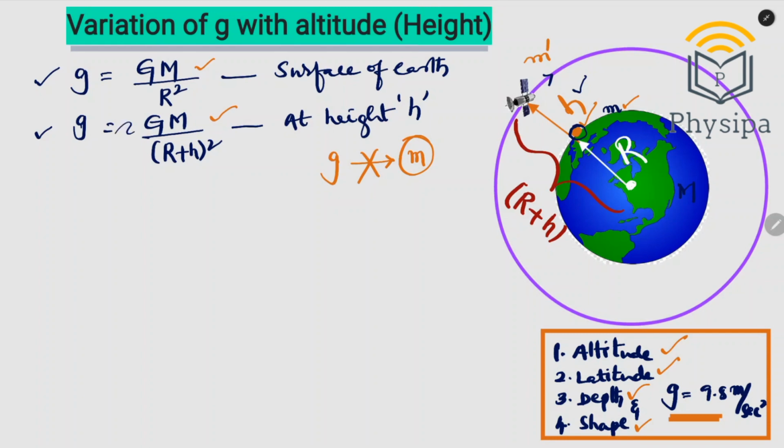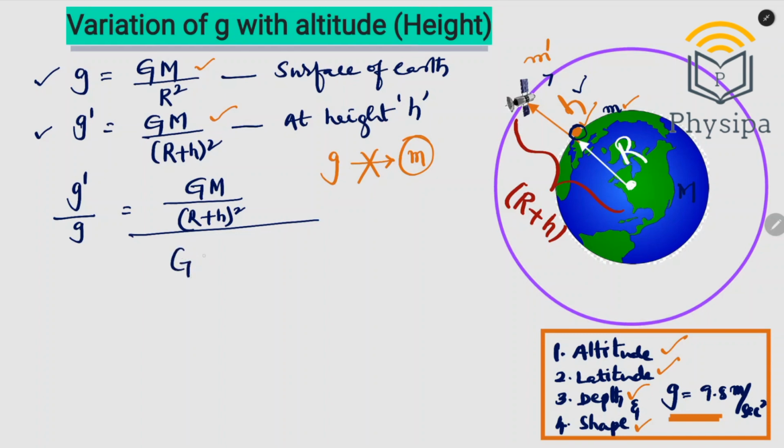Now from these two equations, let us say the acceleration due to gravity at height h is g dash. Then by dividing equation 2 by equation 1 we get capital G capital M by r plus h whole square divided by capital G capital M by r square.